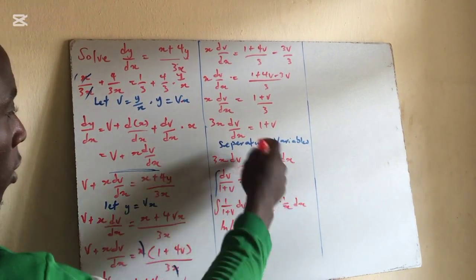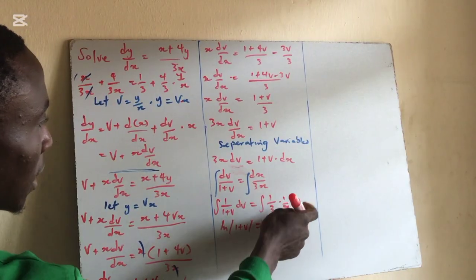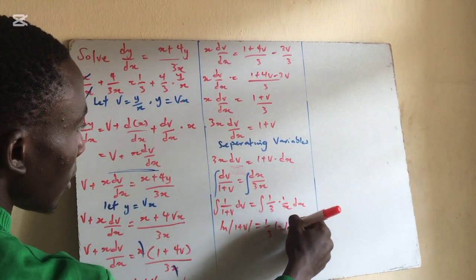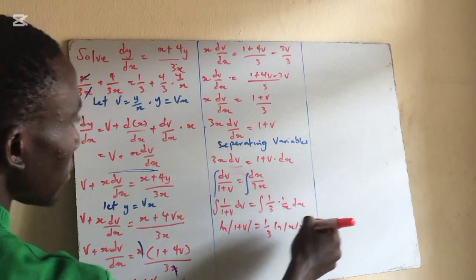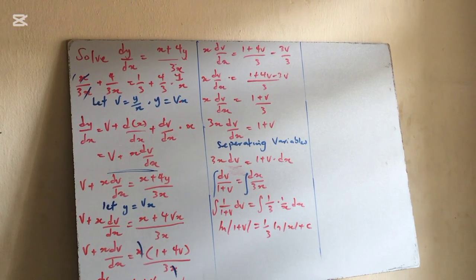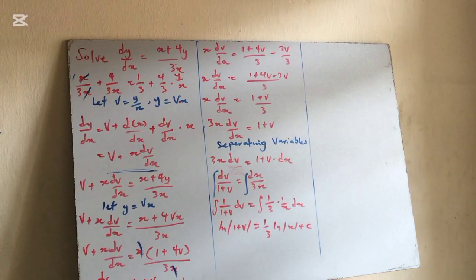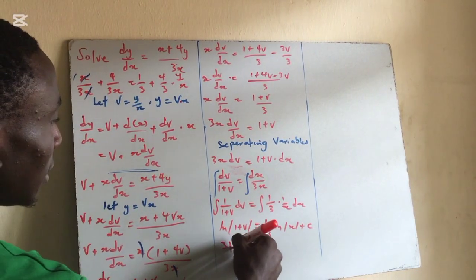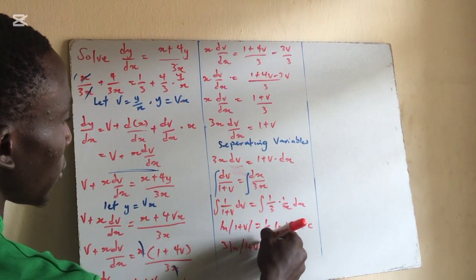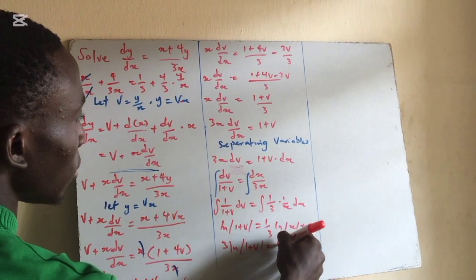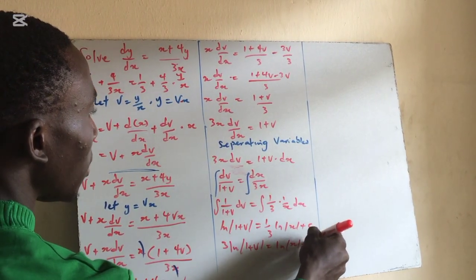Then here the constant will come outside, and if you integrate this, that's ln x plus c. Yes, ln x plus c. Now what are you doing? Multiply both sides by 3 again. So you'll be having 3 ln(1 plus v) equals ln x plus c.